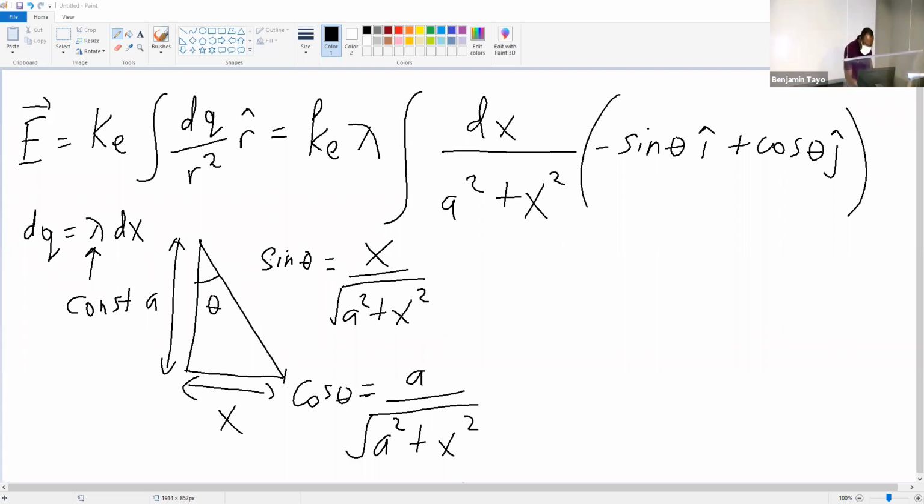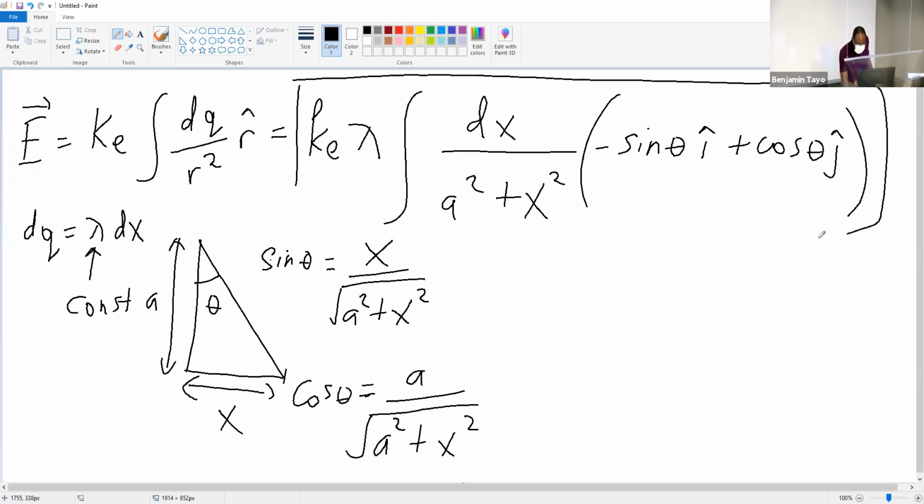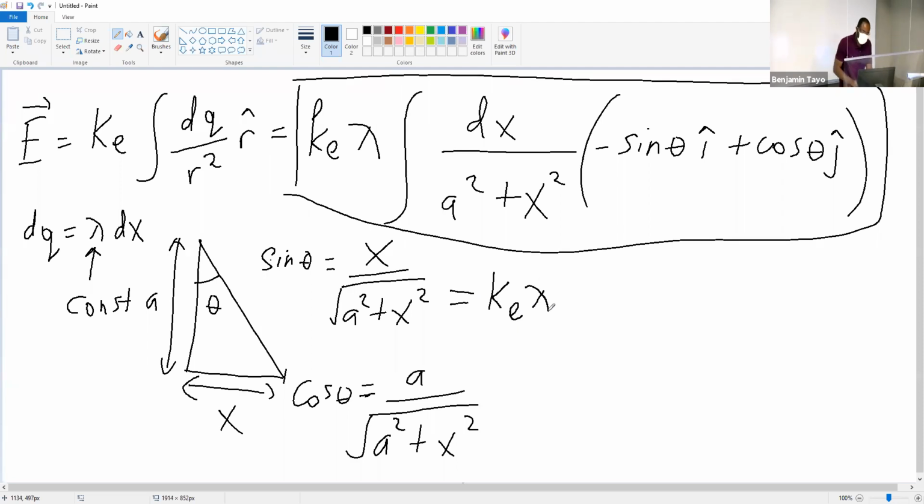So finally, let's take this final expression here, and see that this is equal to KE lambda times the integral from negative L over 2 to L over 2 of x dx divided by a squared plus x squared to the power 3 over 2.